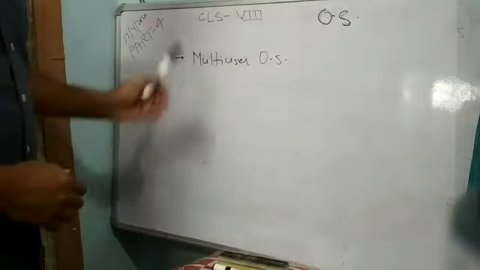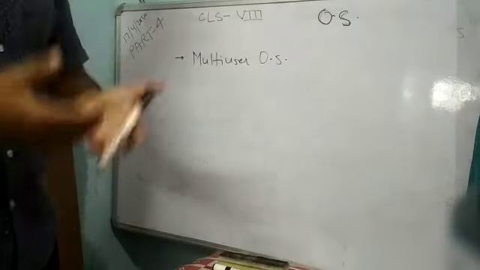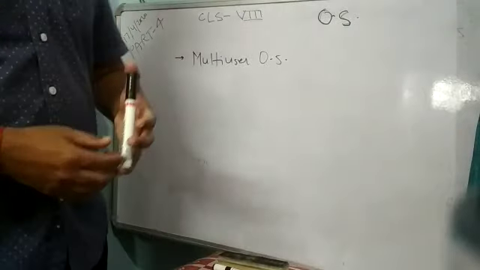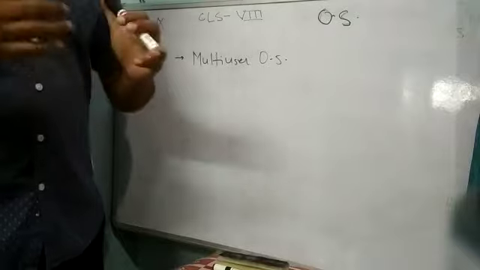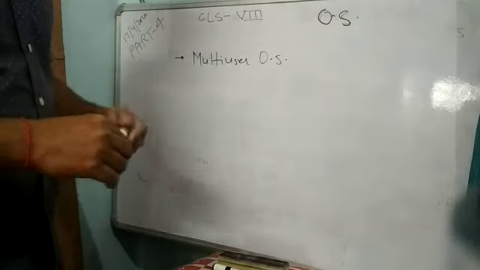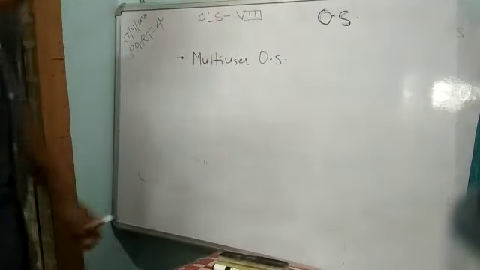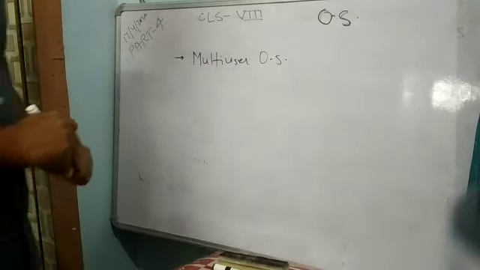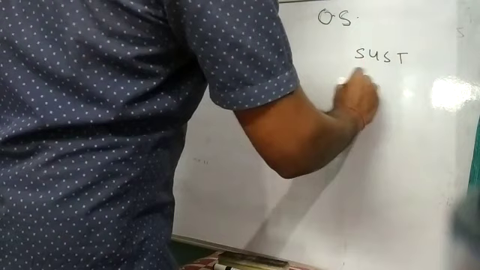Student, yesterday in part 3 we discussed the categorization of the operating system on the basis of their functional areas. First, we discussed the single user operating system, where we covered two types: single user single tasking and single user multitasking.